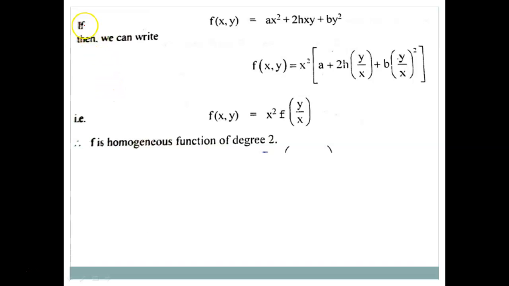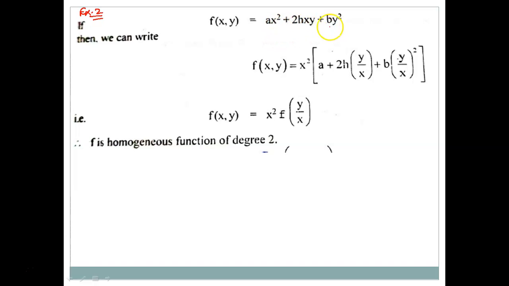Now we take the second example here. Suppose we take f of x, y equal to ax square plus 2hxy plus by square. Obviously, a, h and b are the constants here. x and y are the variables. So we should take the highest power of x outside.